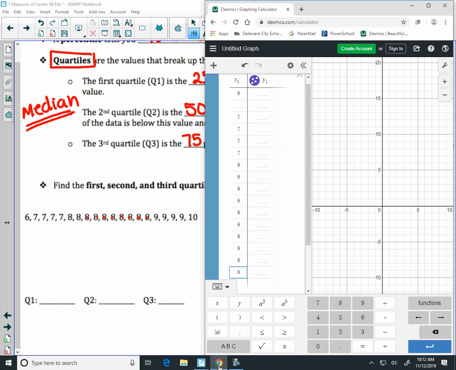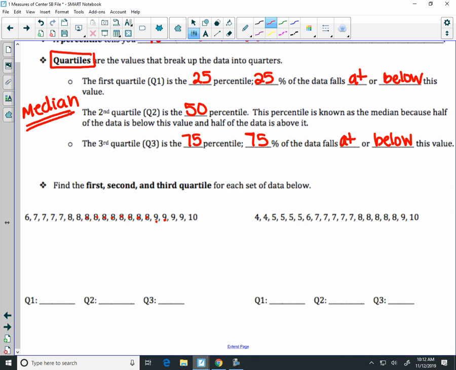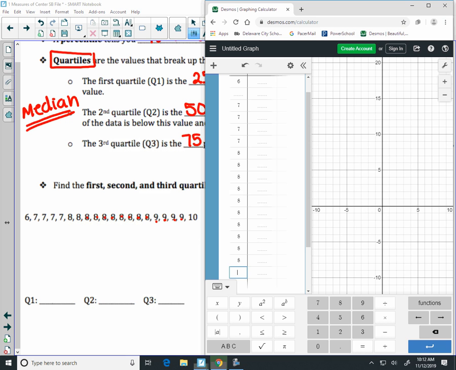This one is in order, so you can absolutely count in the middle if you want. 4 9s and a 10. But I think it's good to practice the way we're going to play.